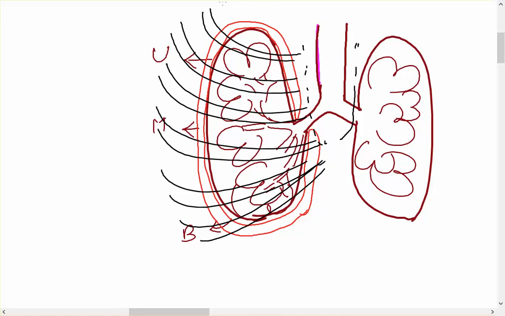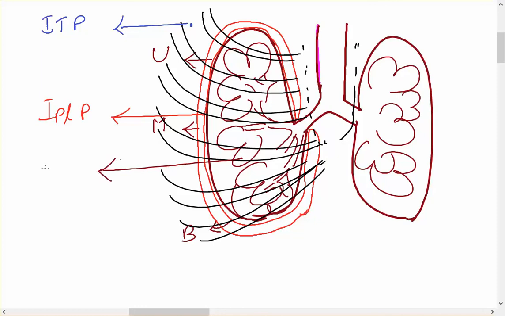Okay, so now I am going to talk about 3 pressures. One is intrathoracic pressure. Other one is pleural pressure. Other one is intrapulmonary pressure.